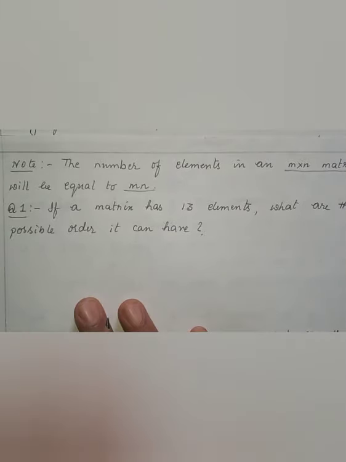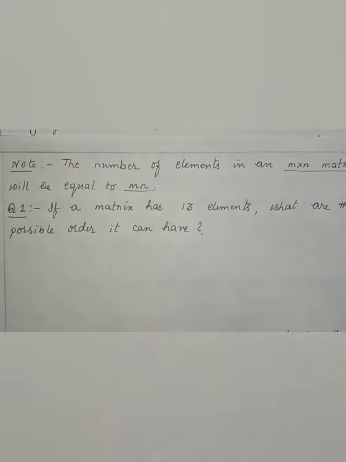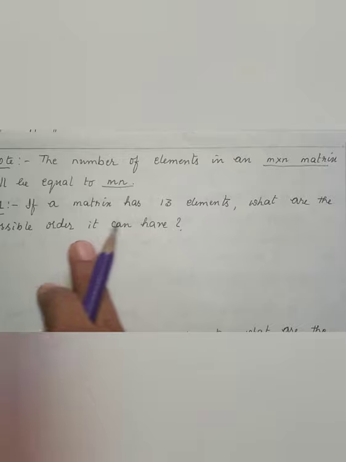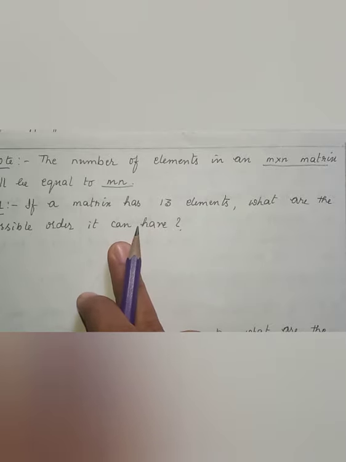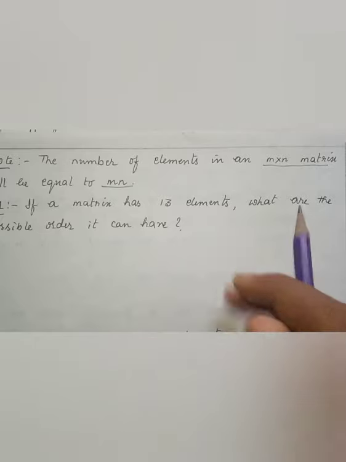Let's take one example here. If a matrix has 13 elements, what are the possible orders it can have?